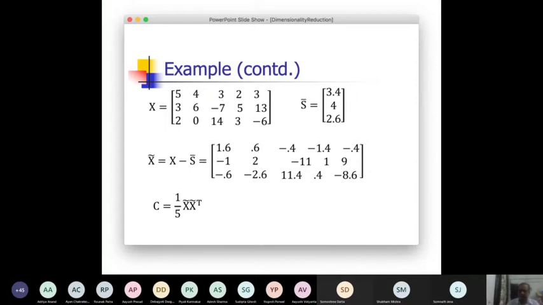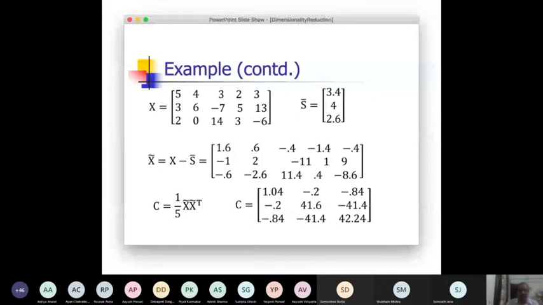The eigenvectors are the directions of the principal components, and you should arrange the eigenvectors in terms of decreasing eigenvalues, so that the first principal component, second principal component, and so on come in order. So this is your covariance matrix.